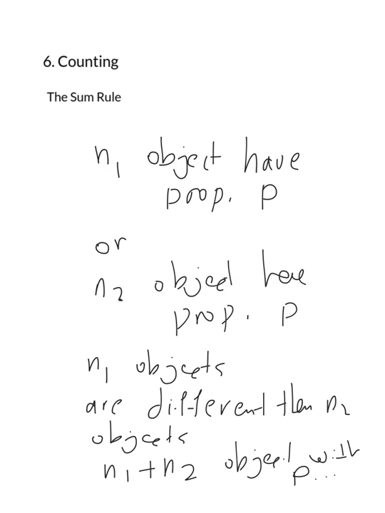This is totally trivial thing, right? It says that if you could count that some objects have the property that you want, and the number of those objects is N1, and in another way you could count that N2 objects have the same property, and you know that these two sets of objects are different from each other such that there is no object in both of these sets, then you have in total N1 plus N2 objects with the property that you want.